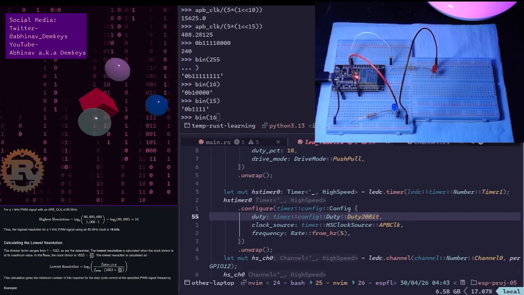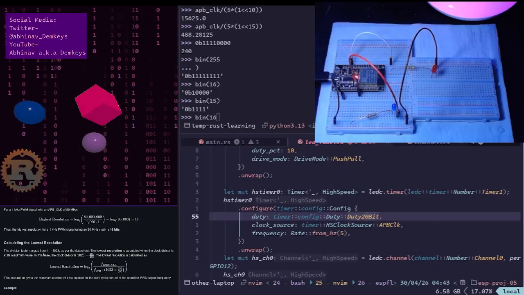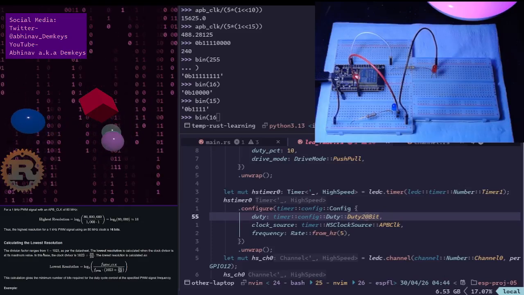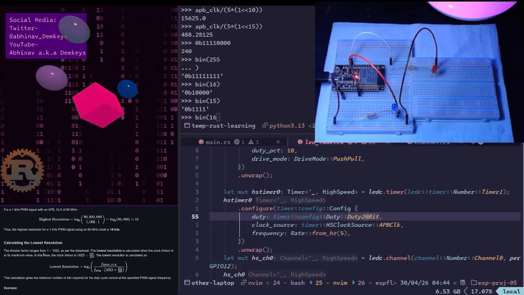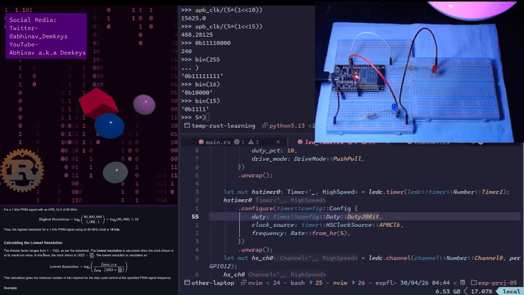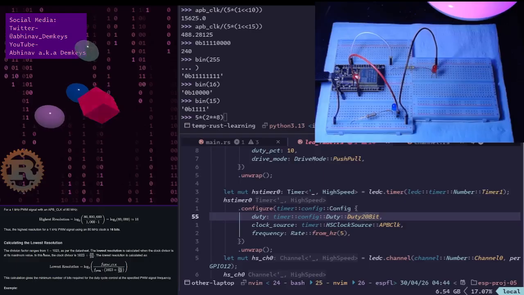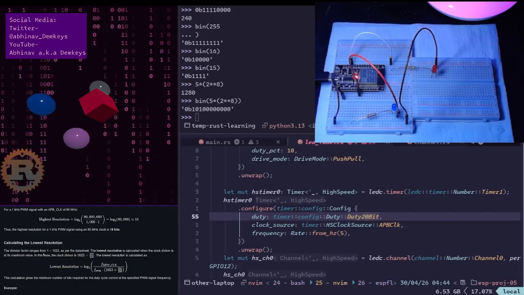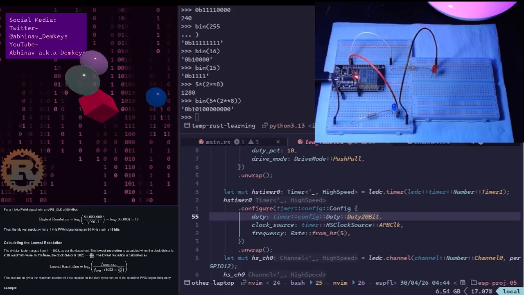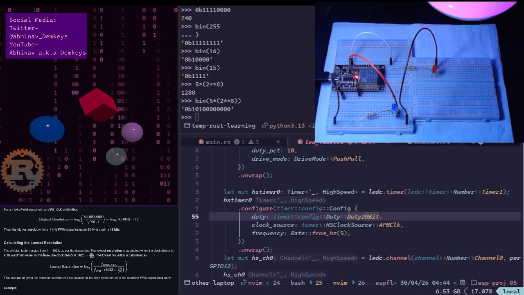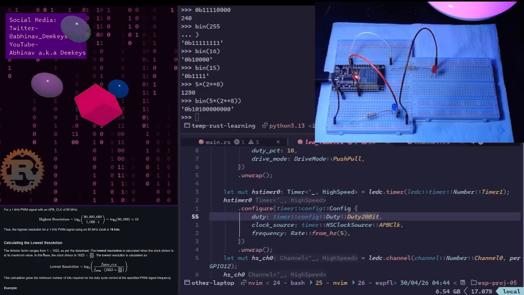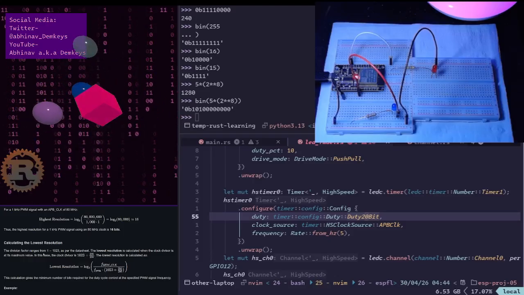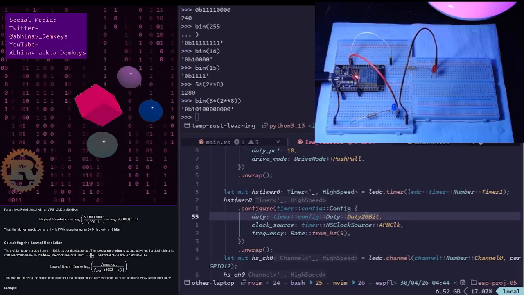Okay, wait, what does this say? If you want to set the third bit starting from 0, so we're going to say 5 multiplied by 2 to the power 8, and then bin that. Wait, 2 to the power 8.